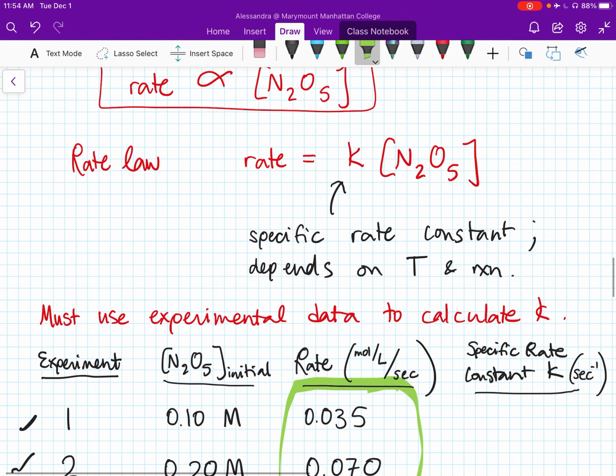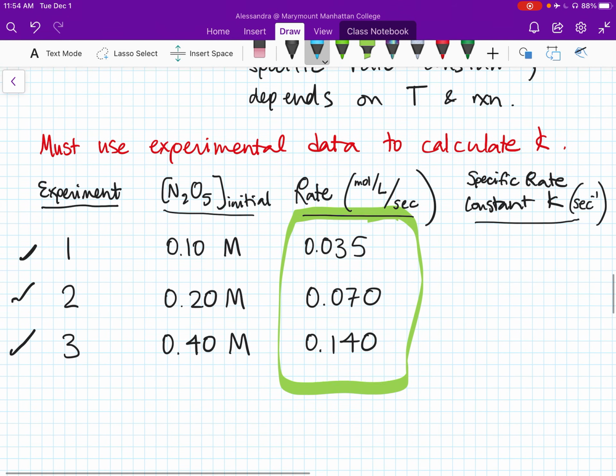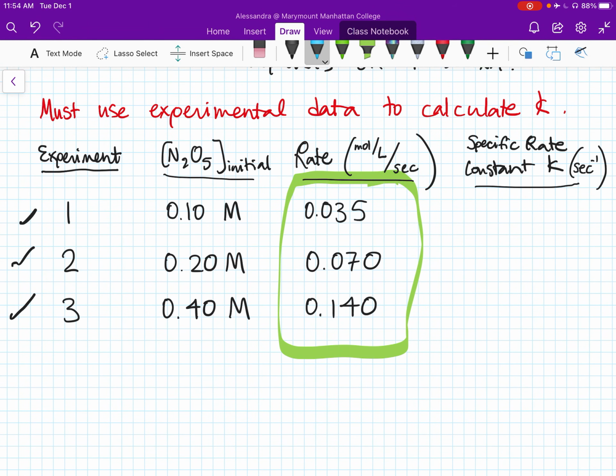Now, let's go back to the rate law for a second. The rate law for this reaction is that the rate is equal to k times the concentration of dinitrogen pentoxide. So you can calculate k by rearranging the rate law. k is going to be equal to the rate divided by the concentration of dinitrogen pentoxide.